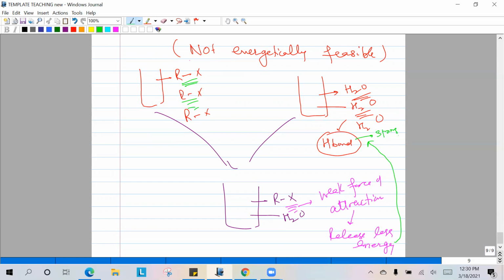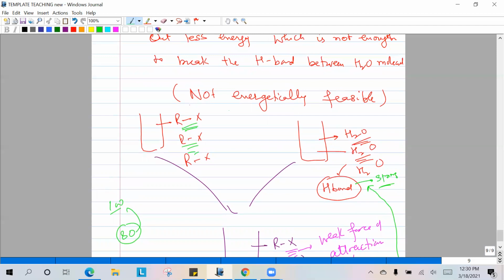For example, if you want to buy something which costs 100 dirhams and you have only 80 dirhams, you cannot buy it because the money you have is less. Same way over here, the energy given out is less than what is required to break the interactions between the water molecules. So that is what we said: energetically not feasible. That means in terms of energy, it is not feasible because the required amount of energy is not there.